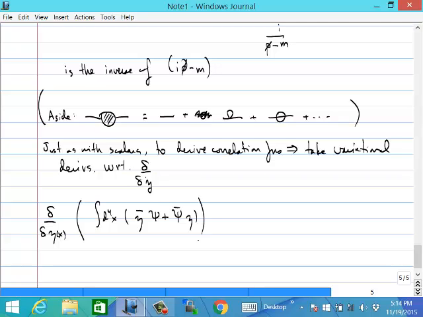The only important point that I want to make is that you might think that this derivative is equal to psi of x. That's what it would be in a bosonic theory. But because you have to take this derivative and anti-commute it through this psi bar here, you actually get a minus sign.